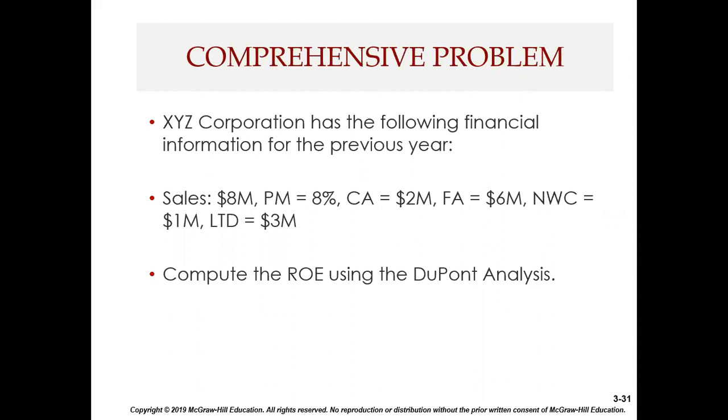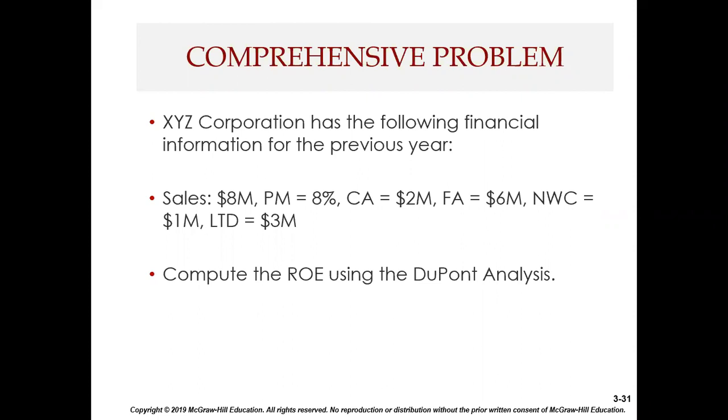Total assets again are 8 million. Total equity we'll have to calculate. So that would be your current assets plus your fixed assets, 8 million, minus 3 million, or 5.